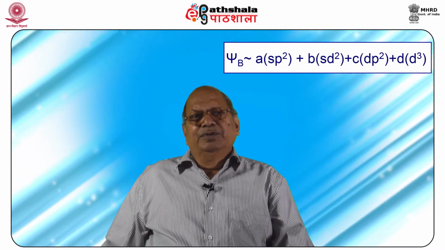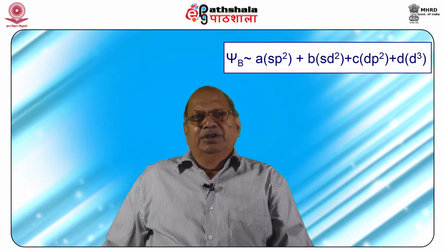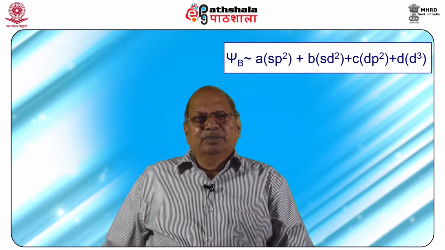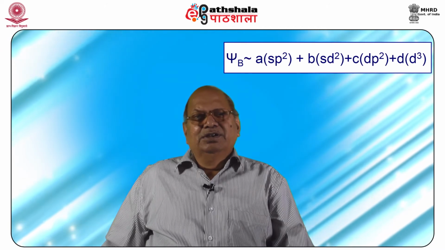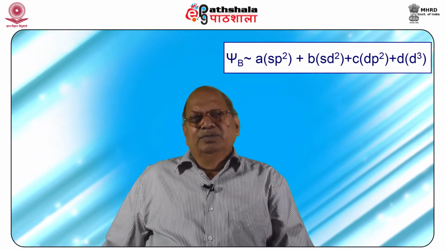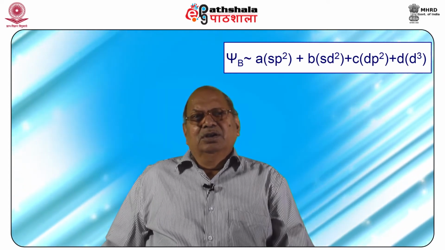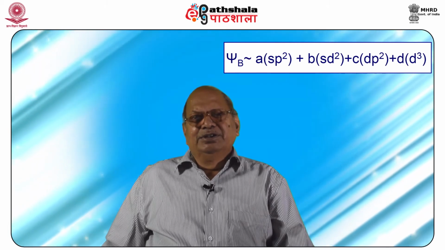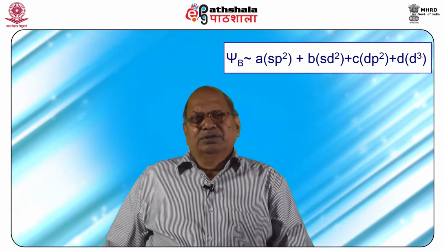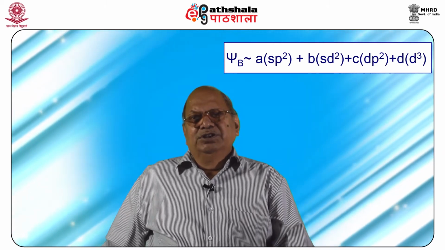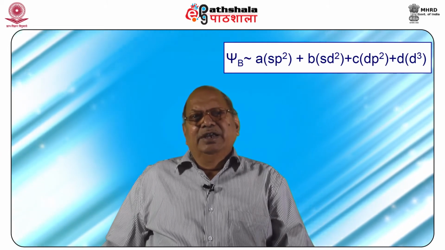The values of the coefficients A, B, C, D can be obtained from quantum mechanical methods, but our chemical intuition can help in ascertaining the importance of each of these possibilities. In the boron atom, d orbitals are not available for hybridization due to very high energy compared to p orbitals. So the contributions from sd2, dp2 and d3 can be easily neglected.